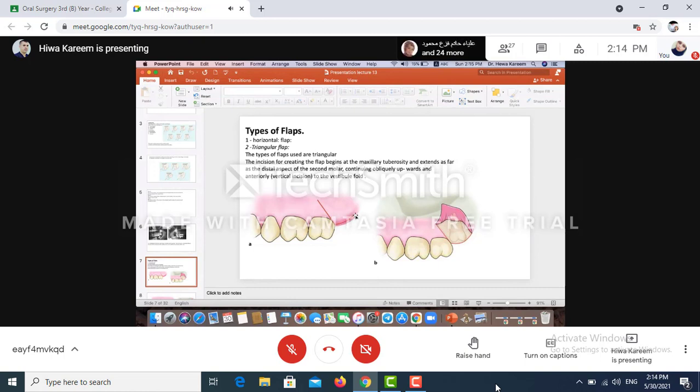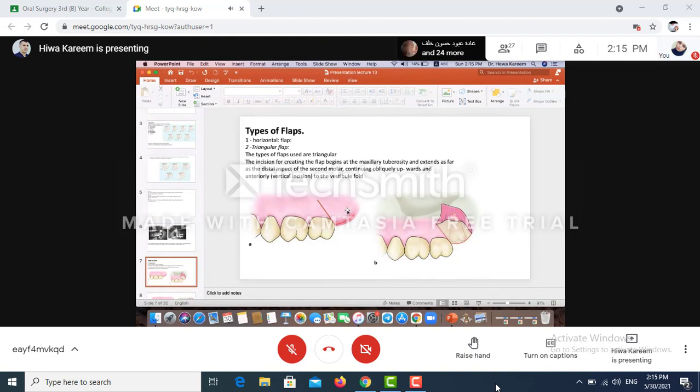The incision for creating the flap begins at the maxillary tuberosity. This is the maxillary tuberosity, the posterior area of the maxilla.